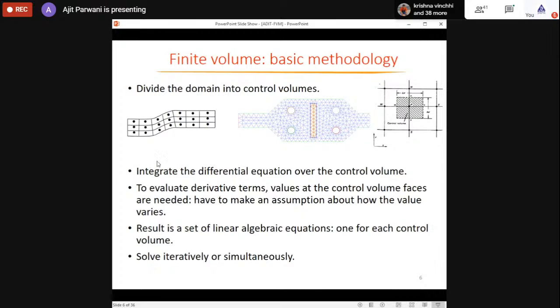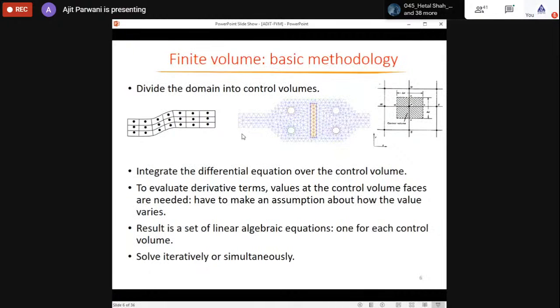In each control volume there is one point, which is called the grid point. So we need to integrate the partial derivative equation at each grid point, and then after integration we need to evaluate the terms.